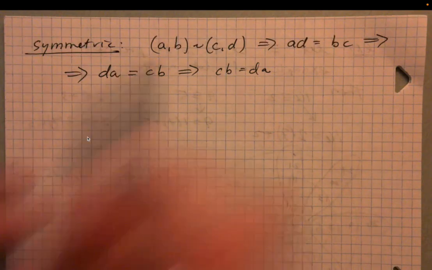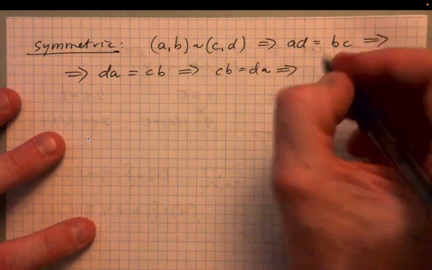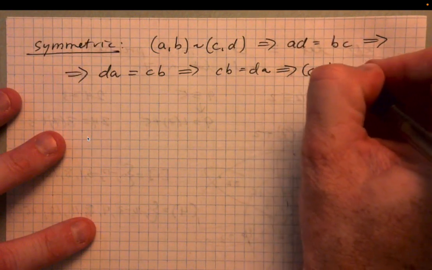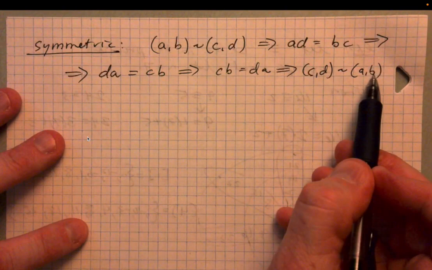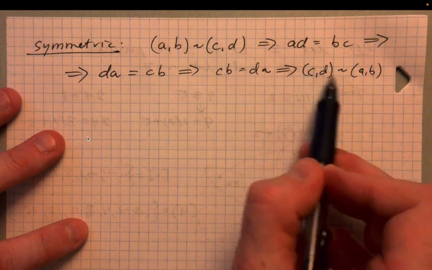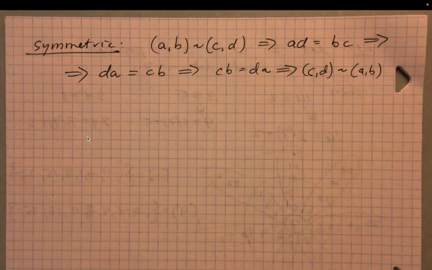Well, this right here is exactly what we want. So this is (C, D) equivalent to (A, B): the two outer, C times B, equals the two inners, D times A. So (A, B) equivalent to (C, D) implies that (C, D) is equivalent to (A, B). Very simple to get to that one.